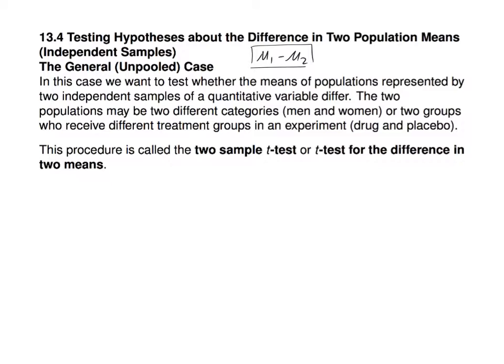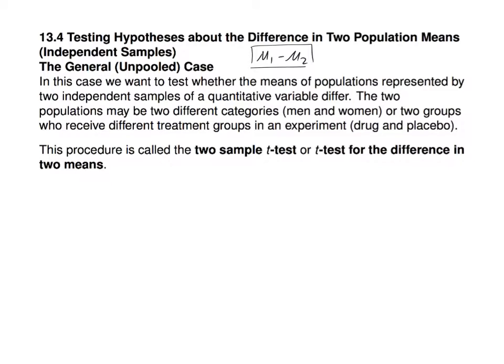So we want to test whether the means of populations represented by two independent samples are actually different. Think like the mean time to get over a cold with zinc versus no zinc, right? Is the recovery time different or not? Nothing going on means the recovery time is the same, right? A difference means one mean is bigger than the other, or just not equal to.